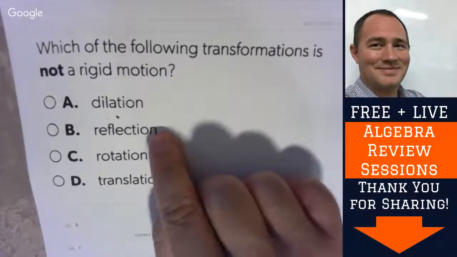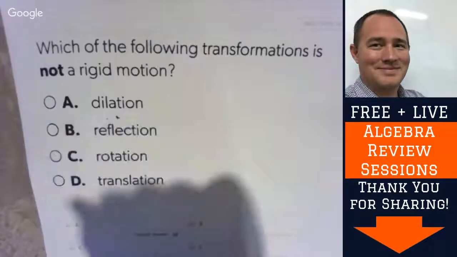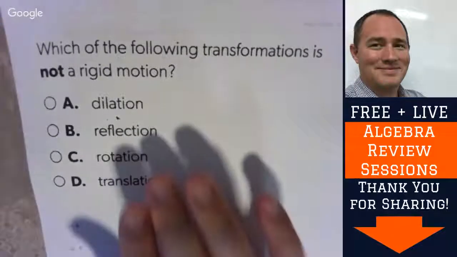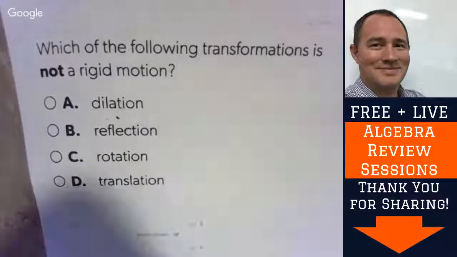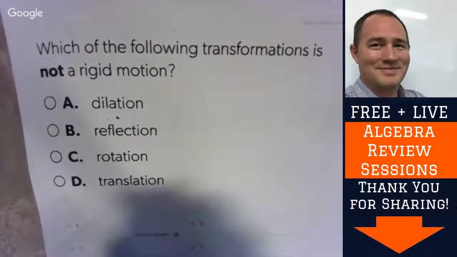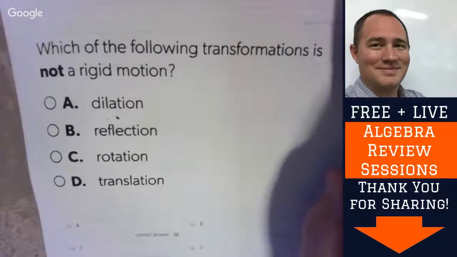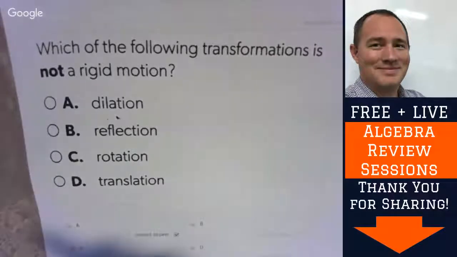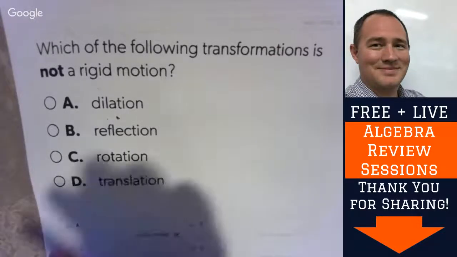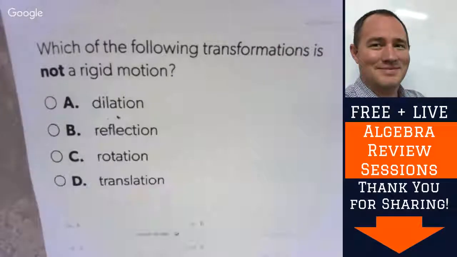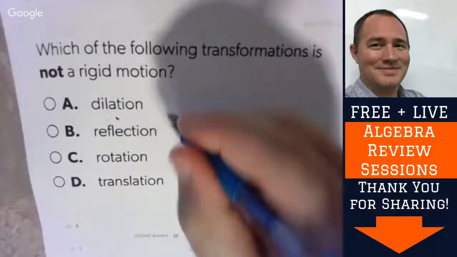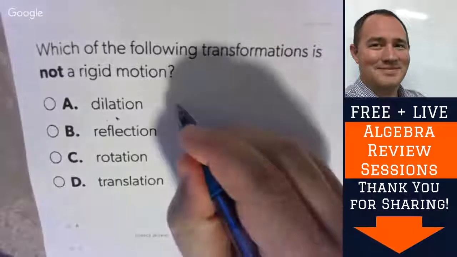So reflection, it's going to flip it over an axis of reflection. Rotation is going to rotate around a point. A translation just simply slides something over. So the only one that's different is a dilation. It will maintain the same shape, but it won't be rigid because it won't be the same size necessarily, right?